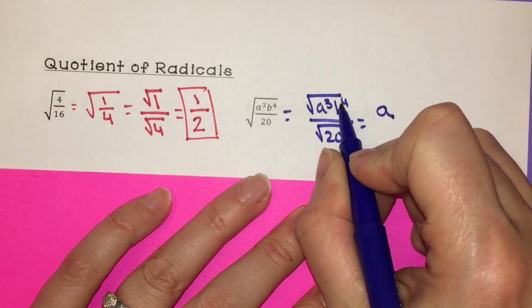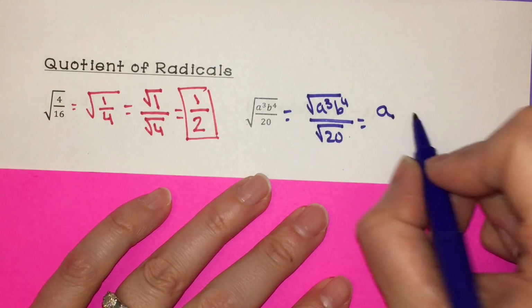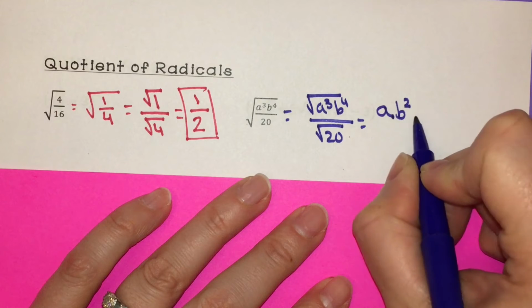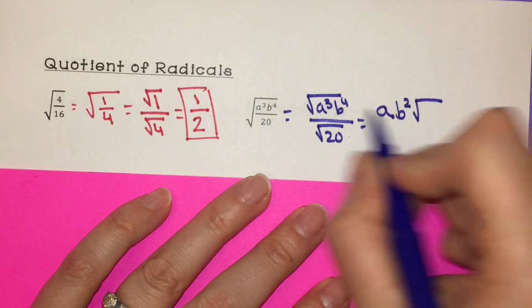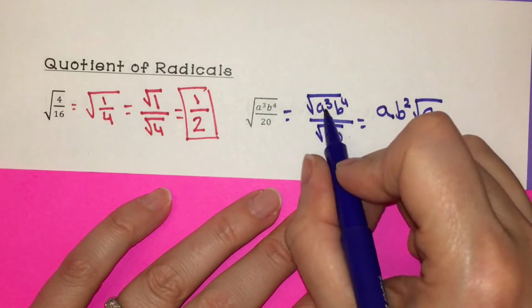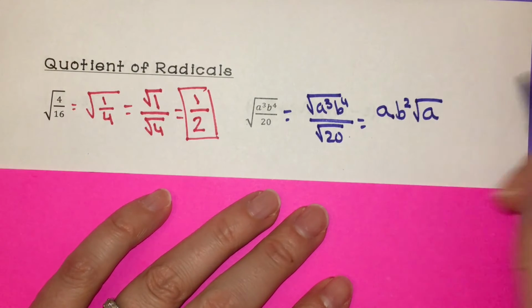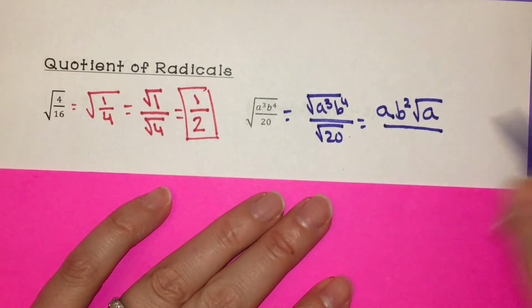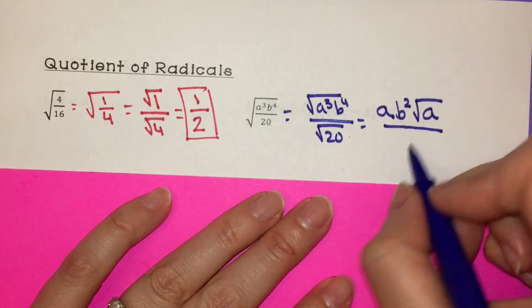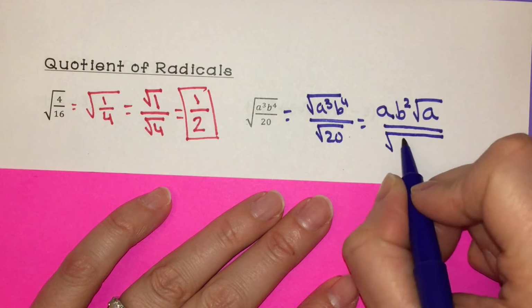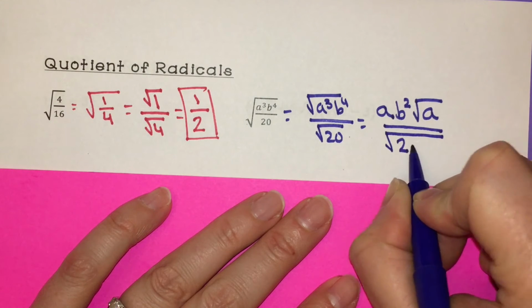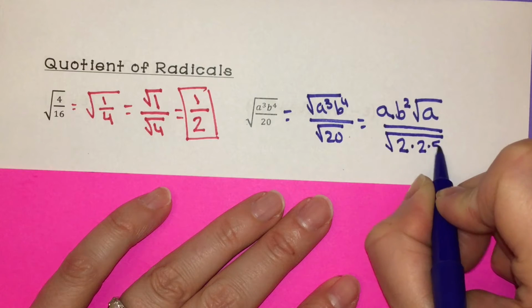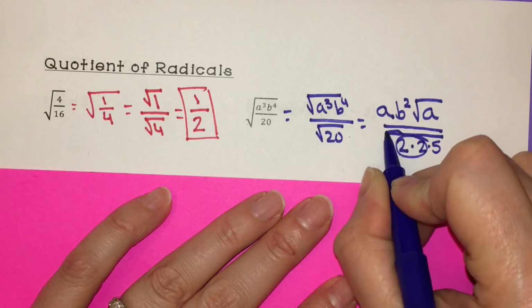And b to the 4th, well, we can bring b squared out, because b squared times b squared gives us b to the 4th, and there is 1a left underneath. Over, all right, 20. This breaks down to the square root of 2 times 10, which 10 is 2 times 5. So we can bring a 2 out.